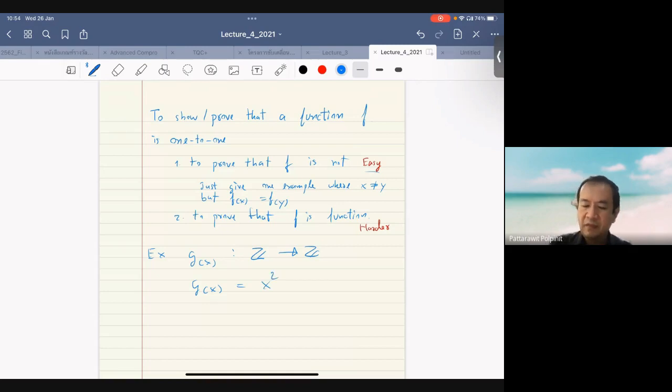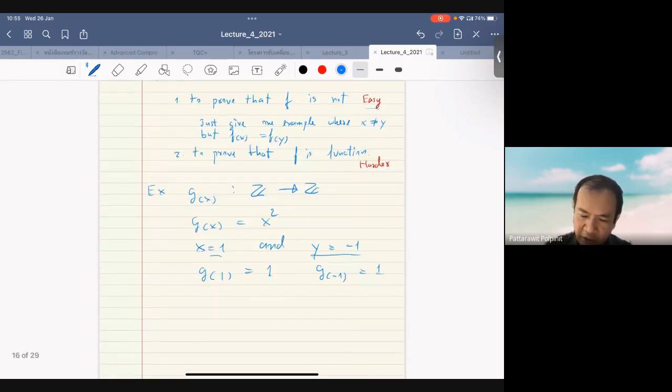To prove that this is not one-to-one, you have to show one example. Let's say x is equal to 1 and y is equal to -1. We find an example where x and y are not equal, but then we plug them in: g of 1 is 1 squared, which is 1, and g of -1 is also 1.